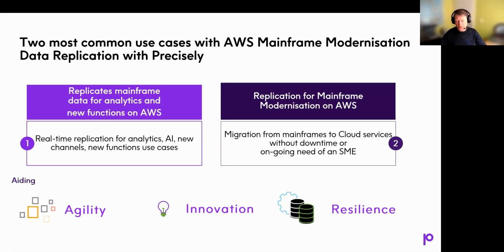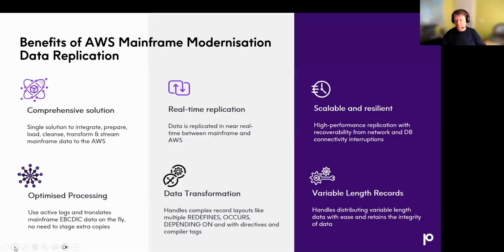Now, if I need an expert all the time, I can't be agile. I'm certainly not innovating. I want to bring more modern style languages and programming methods into play. And also, well, the resilience was on the mainframe, but I need to have that as well in my cloud environment, which I already discussed in the previous section.